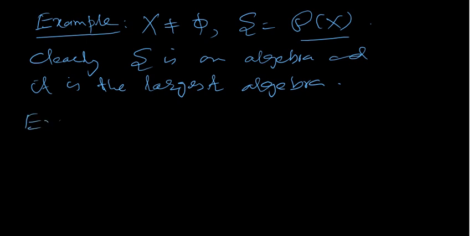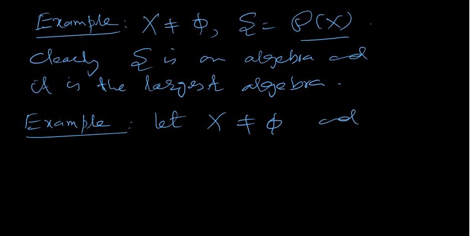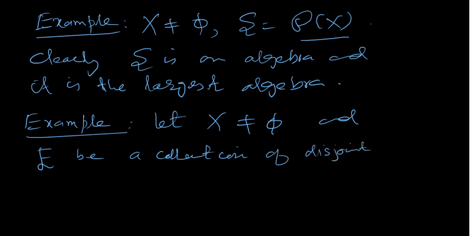One more example. Let's choose X to be a non-empty set, and this F be a collection of disjoint subsets of X. Then this F need not be a simmering, है ना, क्योंकि ज़रूरी नहीं कि इसमें आप empty set लोगे.